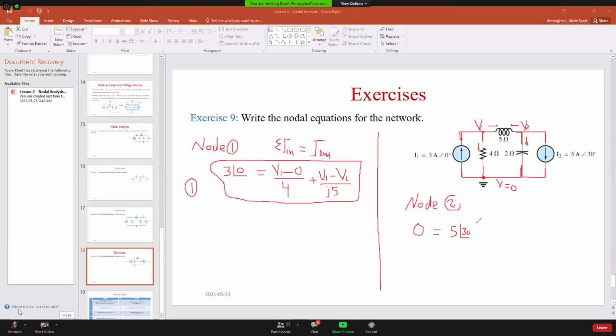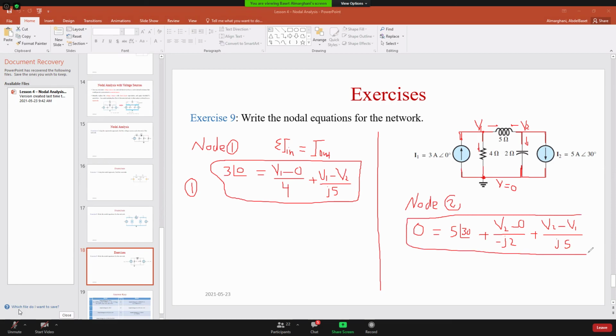It's given in this branch. The other two branches, I have to find the currents using Ohm's law. So the one going here is V2 minus 0, the difference between the voltage at one side and the other side, divided by minus J2. And here it's V2 minus V1 divided by J5. And this is the second equation.